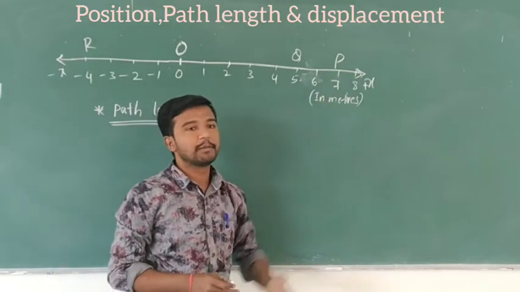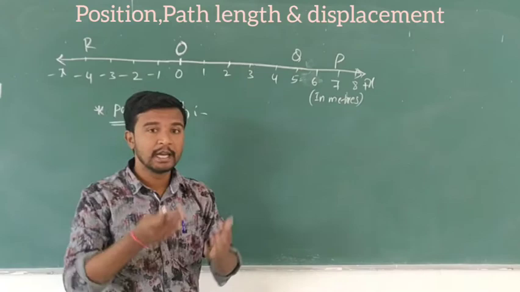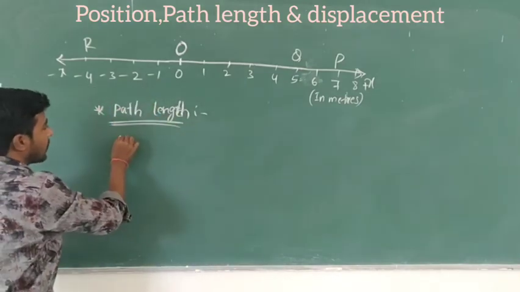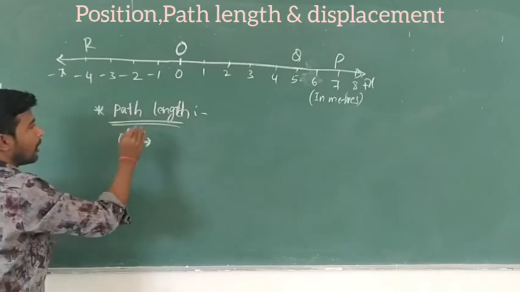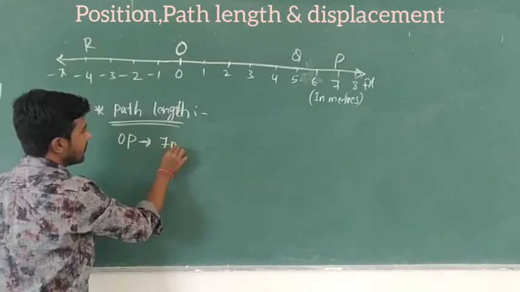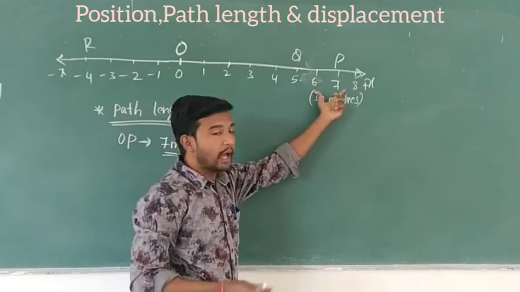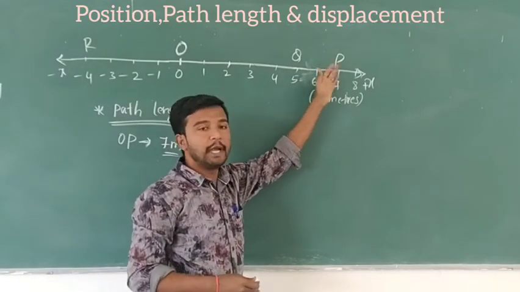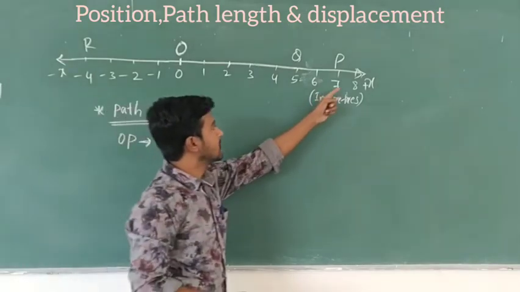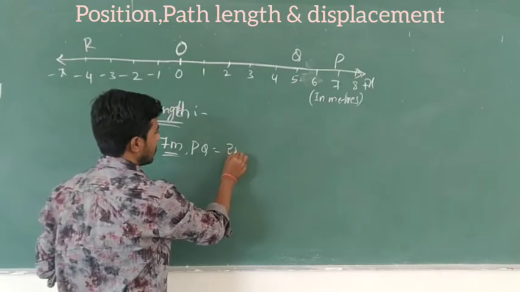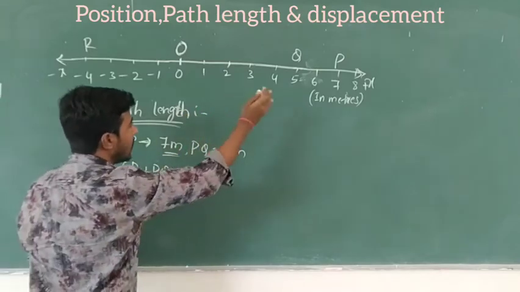The length covered by the object from O to P is 7 meters. Then it comes back from P to Q, 7 to 5, that is 2 meters. Total of O to P plus P to Q, how much length is covered?